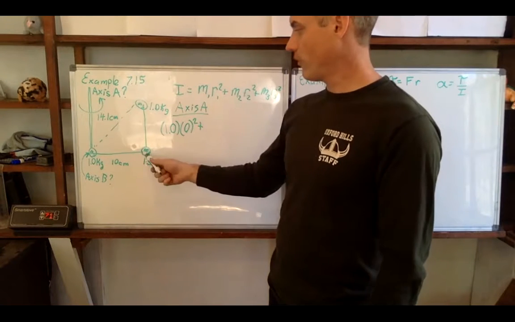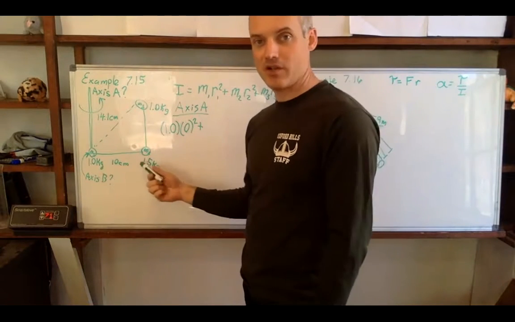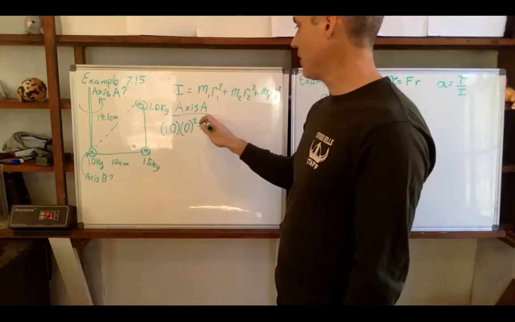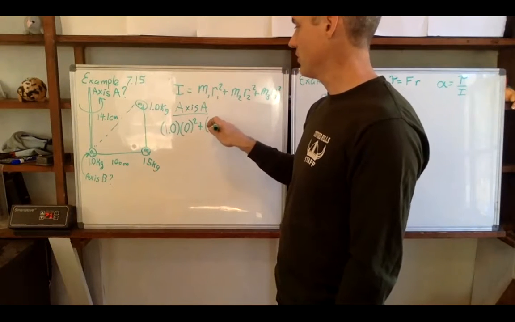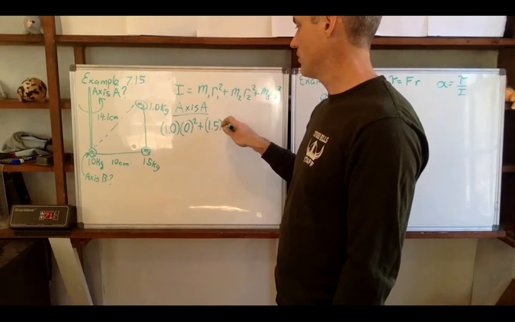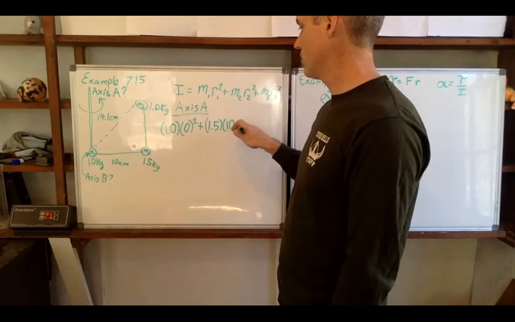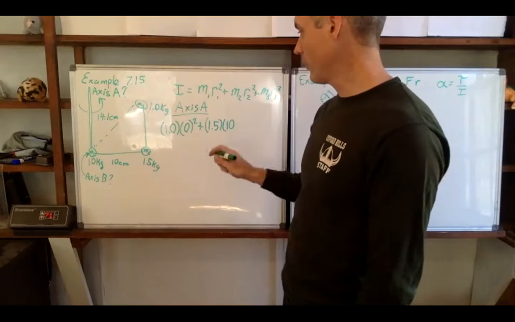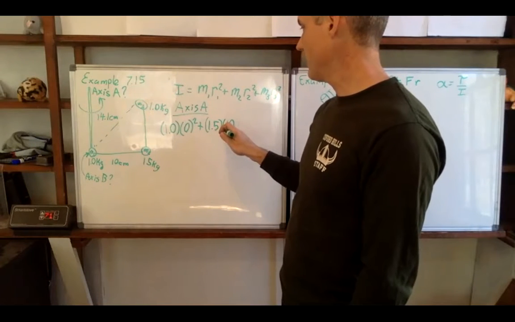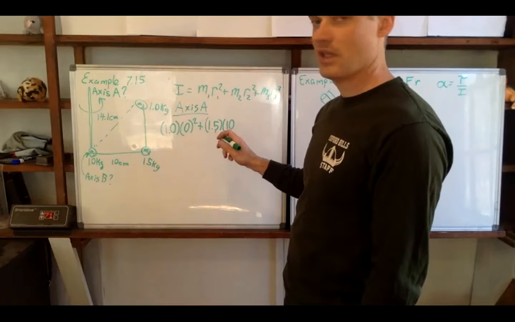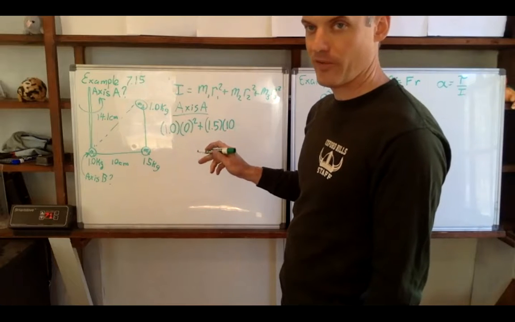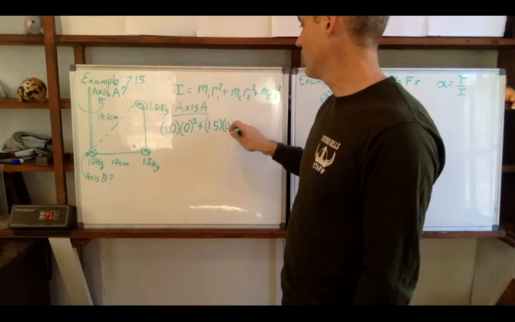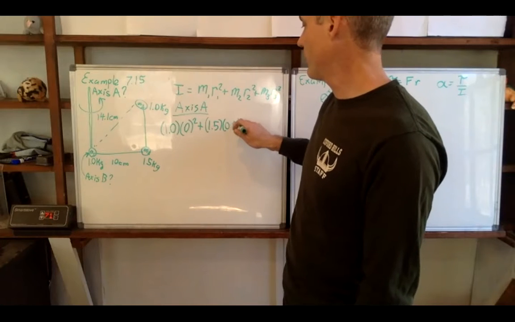So that one is going to have 1 kilogram, but it's multiplied by 0 squared. Mass 2 is over here. That's 10 centimeters from the axis of rotation, so that one is going to count. Let's convert these to meters. 10 centimeters is 0.1.